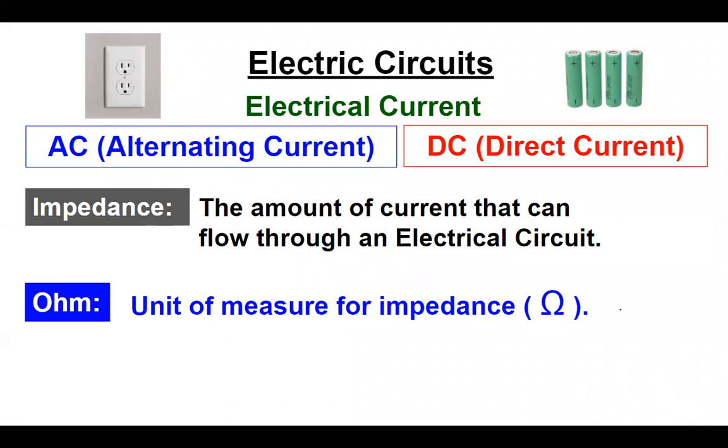So that's just the unit of measurement that we're going to use. So we have two types of current. Alternating current and direct current. Okay, now these are just examples. All right, everybody has this?